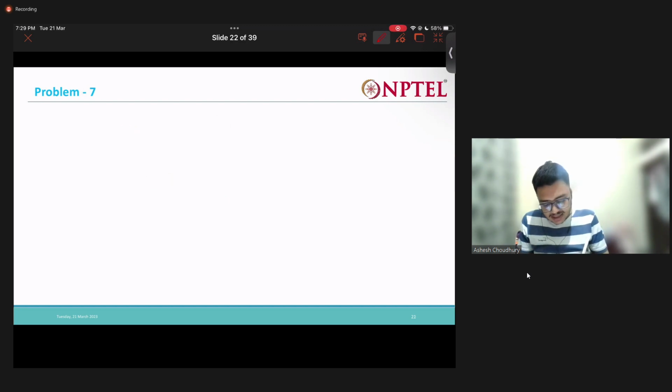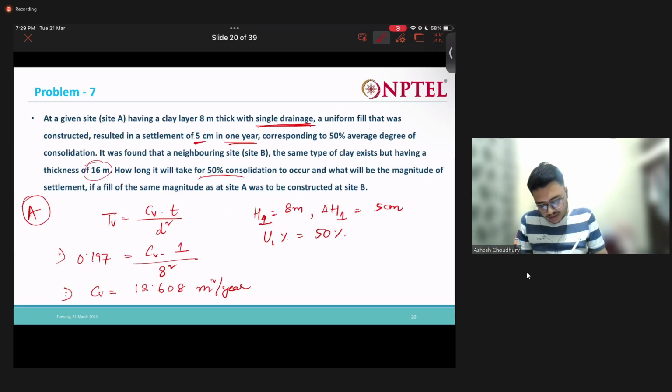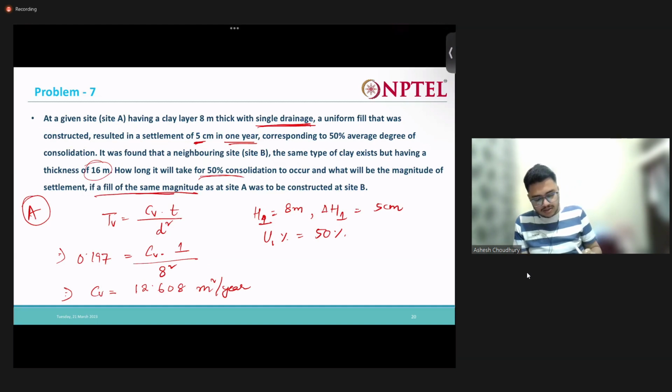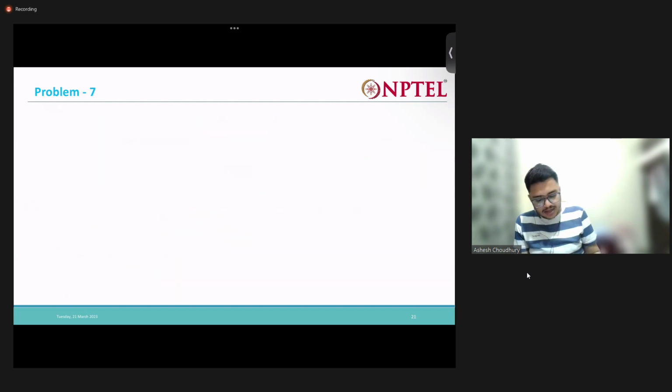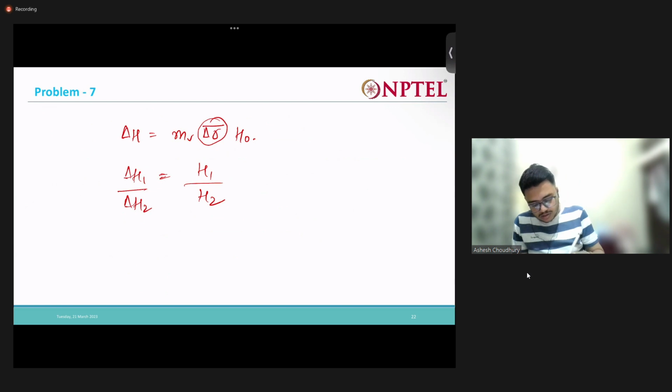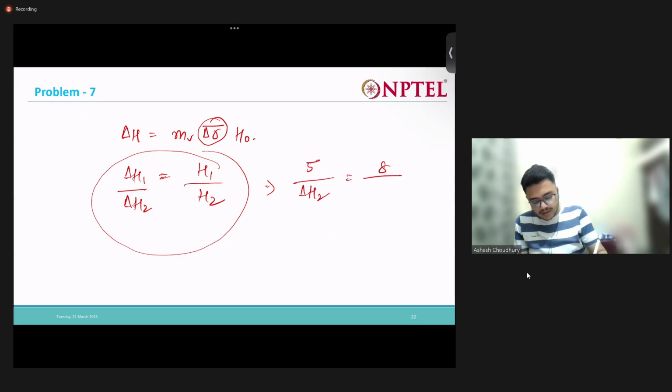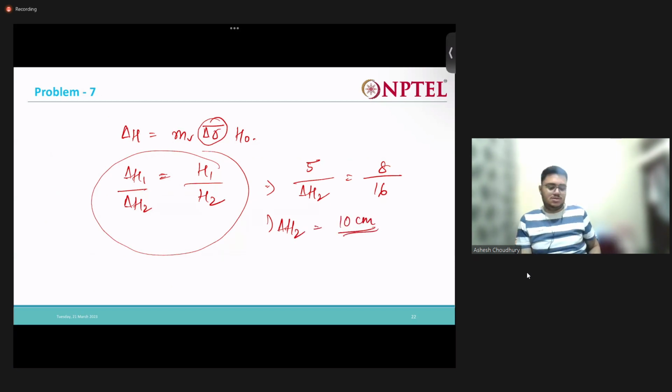It is given in the question very clearly that the fill is of the same magnitude, so the increase in stress is the same for both layers. So you get this relation. From here we can write del h1, that is 5, times 16 by 8, which is nothing but 10 centimeter.